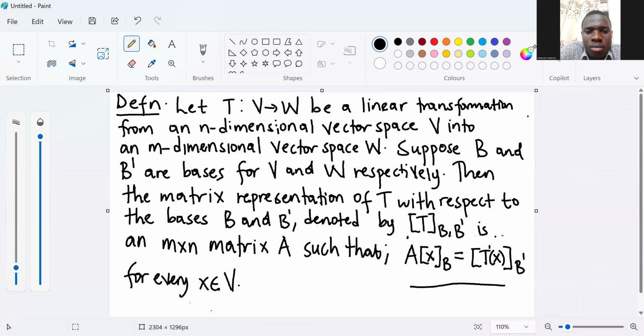So the aim is to determine such a matrix, and we are going to see how to compute it.